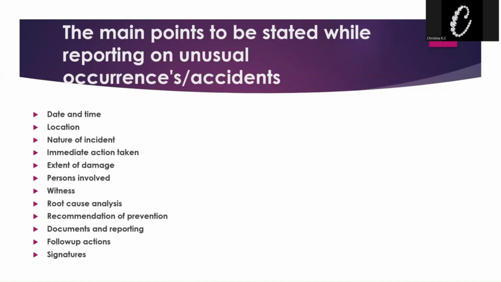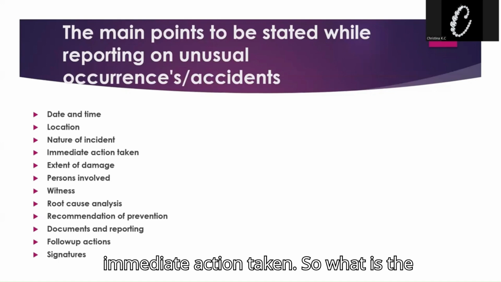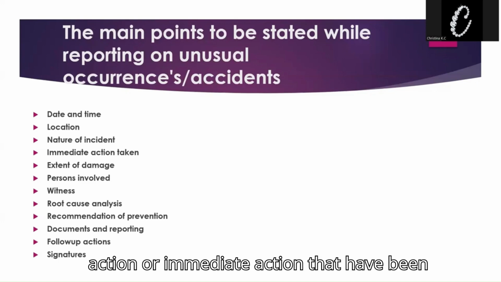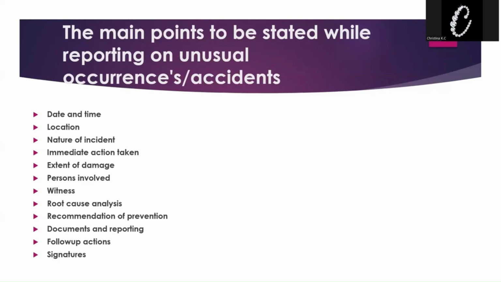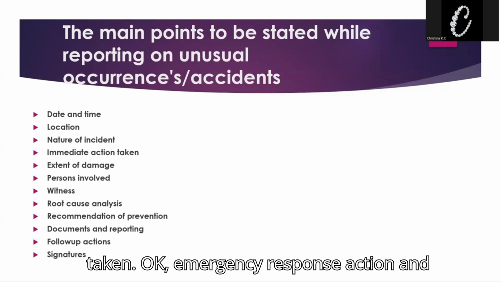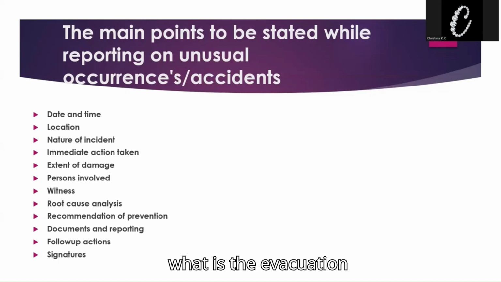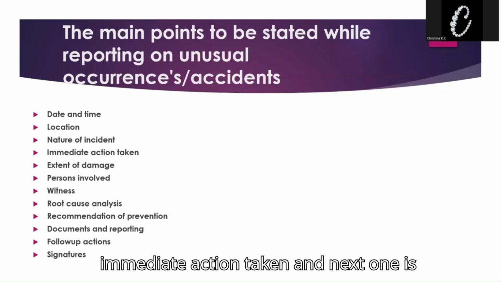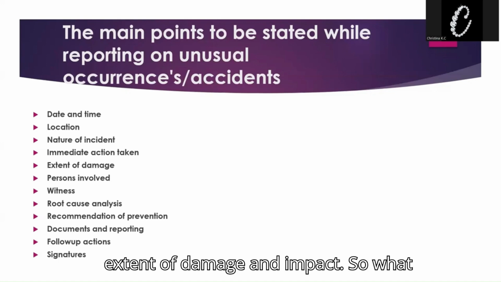And next is immediate action taken. What is the outline of the emergency action or immediate action that has been taken, the emergency response action. And the evacuation procedure you will also include in this immediate action taken. And next one is extent of damage and impact.